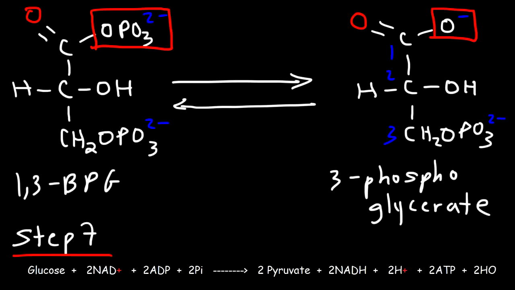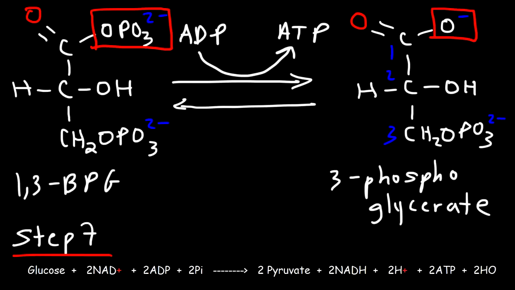Now, where did the phosphate group go? What happened to it? The phosphate group was transferred to a molecule of ADP to produce ATP. This process is known as substrate level phosphorylation. It's the formation of ATP by a phosphoryl group transfer. Now, what about the enzyme for this reaction?